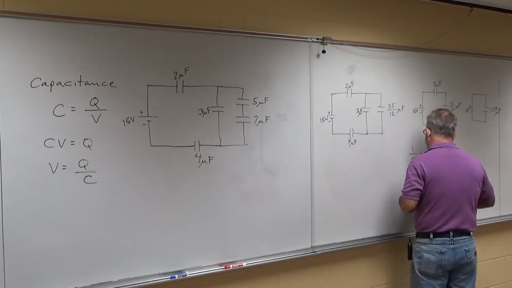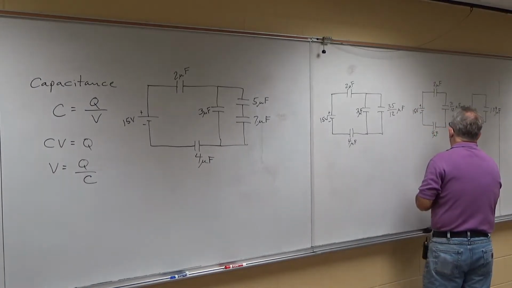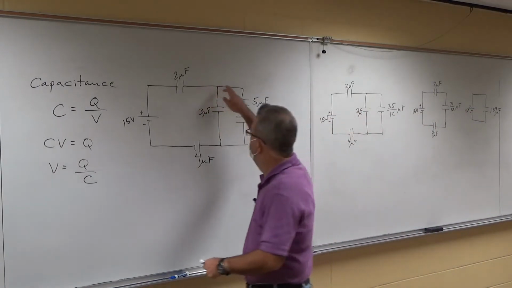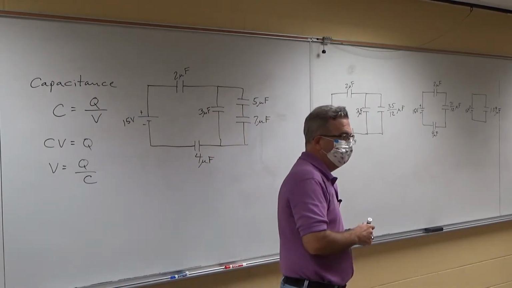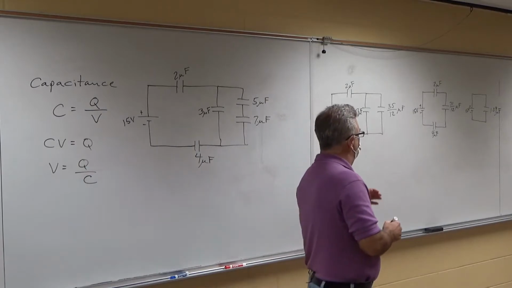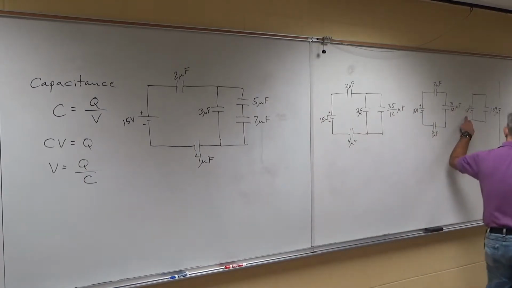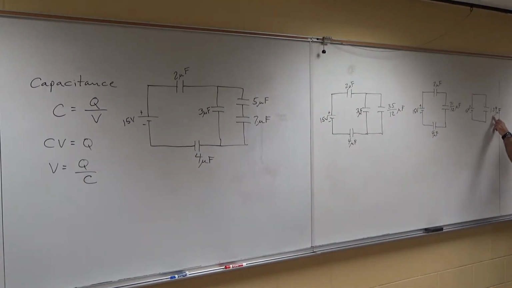Okay. So the equivalent capacitance for this entire network is 1.09 microfarad. I know the voltage, I know the capacitance, I can find the charge because voltage times capacitance equals charge. So the charge here is 15 point something microcoulombs.